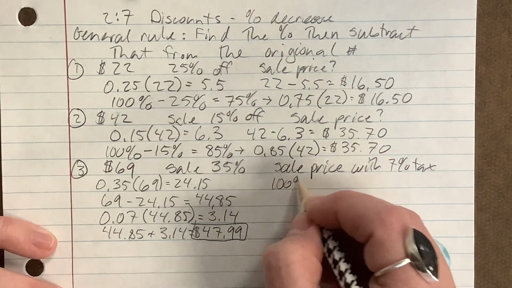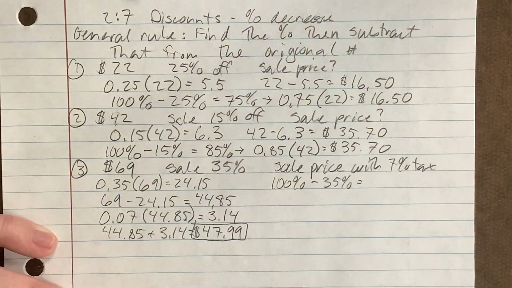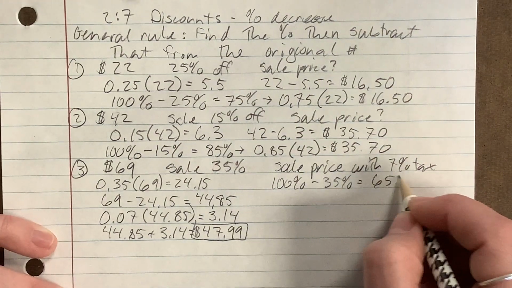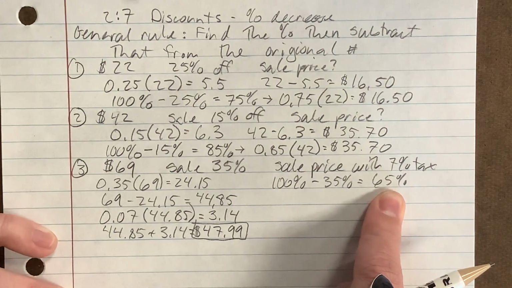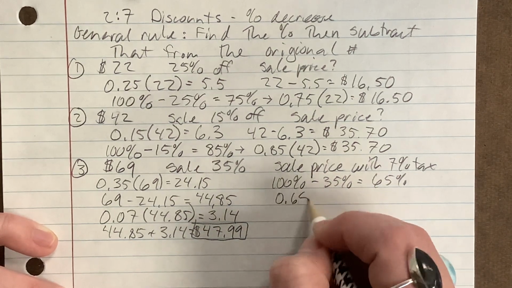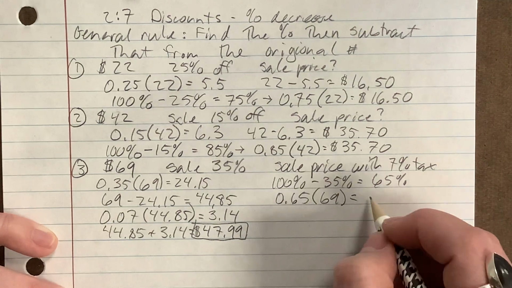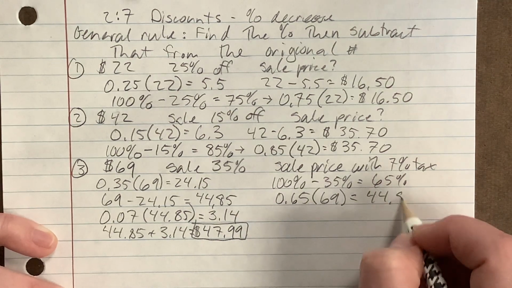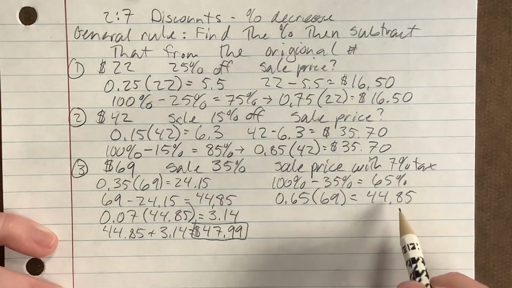So 100% minus 35% gets us to 65%. So this is how much we're actually paying for the sale price. So that means 0.65 times 69, and lo and behold, it's still 44.85.